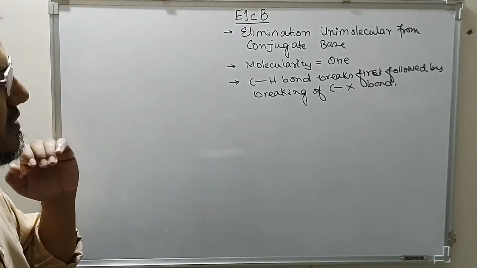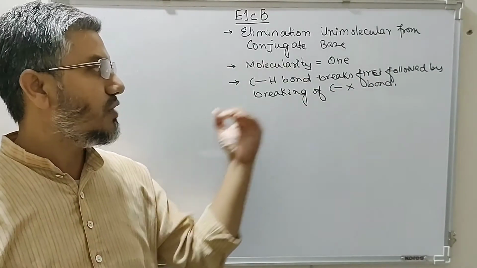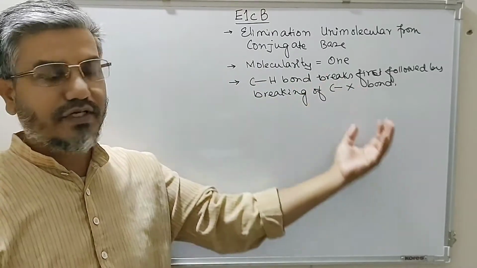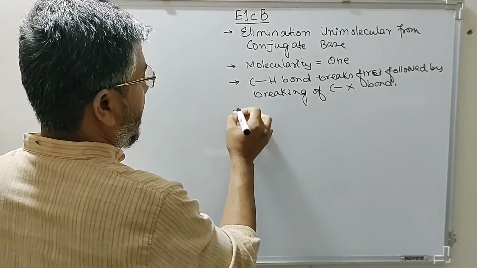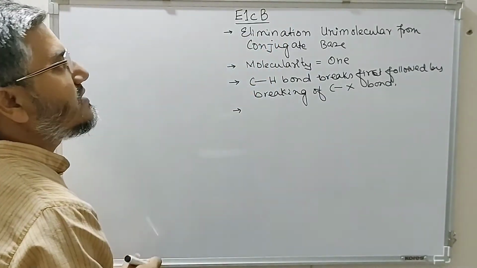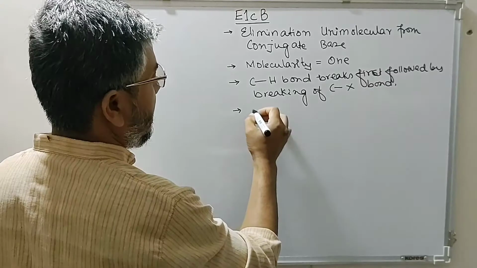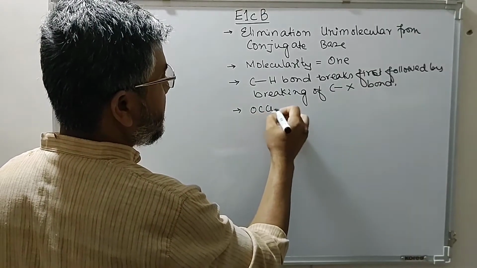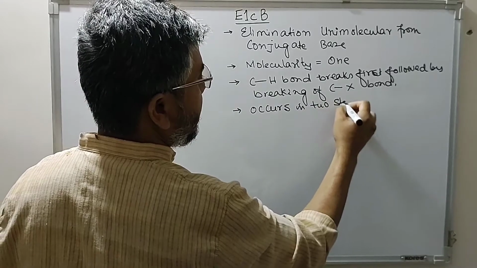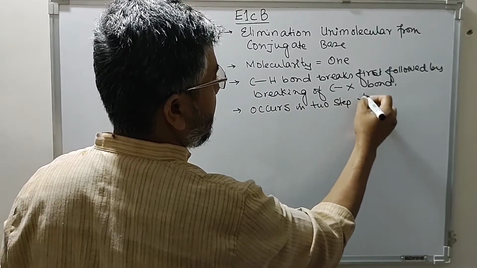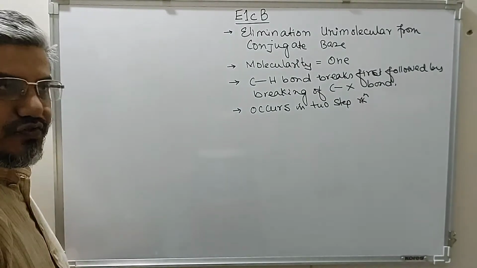So in this E1cB, first carbon hydrogen bond has to break, followed by breaking of carbon halogen bond. This E1cB reaction occurs in two steps. So this is a two-step reaction. Reaction occurs in two steps.